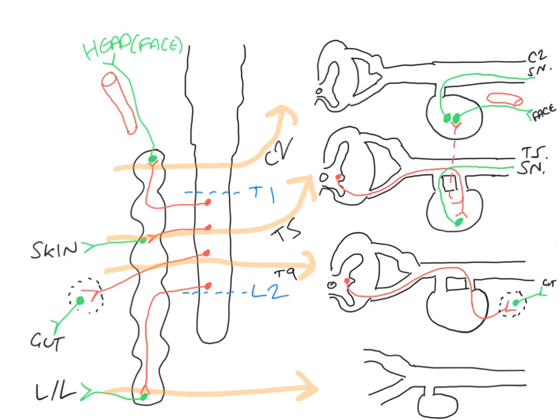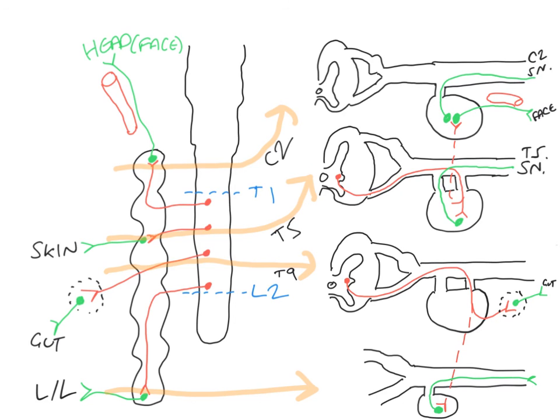So the way in which the lower limbs, say for example the S2 dermatome, get their sympathetic innervation is that preganglionics descend through the chain from higher levels and they synapse on postganglionics in these low sympathetic ganglia, which then send their axons into the grey ramus and into the spinal nerve.